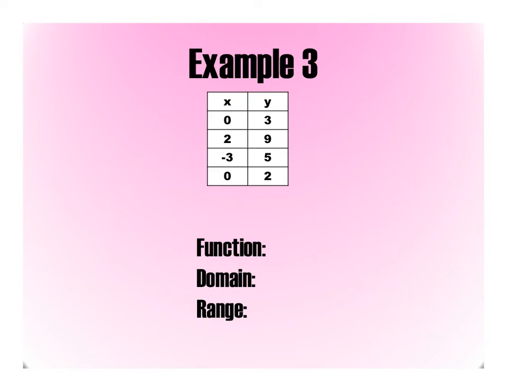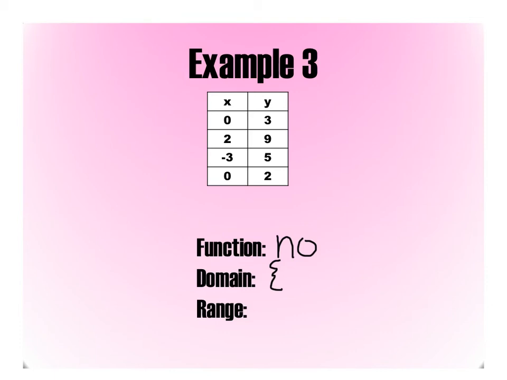Example 3 comes from an input-output table. First, is this a function? Look at your x values. Do you have any repeating x values? Yes, we have repeating x values, so therefore, no, this is not a function. Now we've got to write our domain. Our domain again is our x values or our inputs.